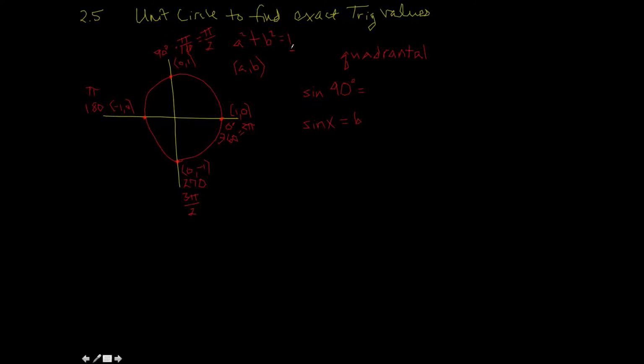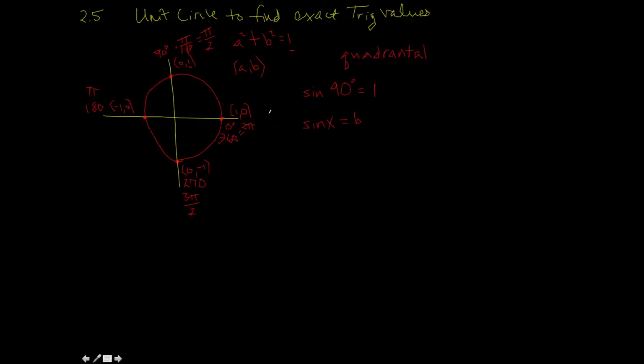So if you want to write it as b over 1, that's fine. You're always keeping the form of putting the radius on the bottom, but we're just going to say b. Look at 90 degrees, or pi over 2, and what is our b value? Our b value is 1. So the sine of 90 degrees is 1. We can figure that out very easily using our unit circle.